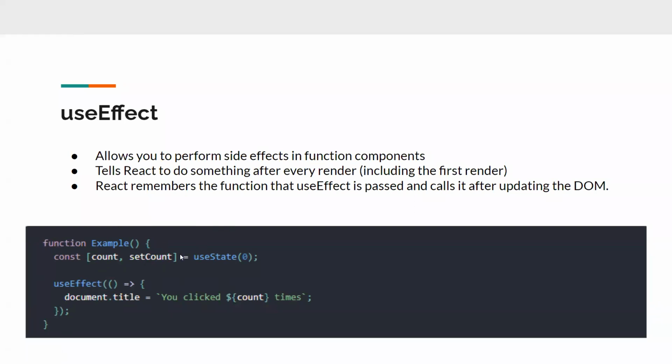So we have our count, set count, useState, initial value is 0. And all this is doing is calling the browser API and changing the title to say you clicked however many times you've clicked. So every single time you click, useEffect will trigger, and then it will change the title. Right?